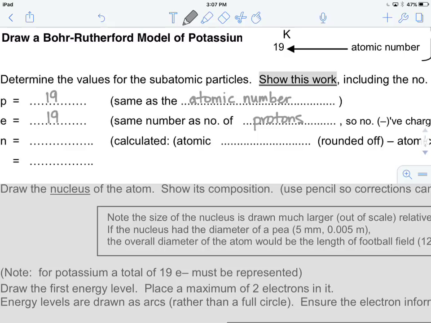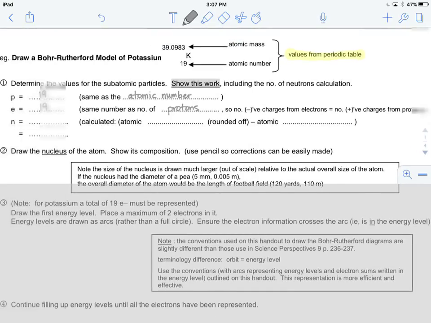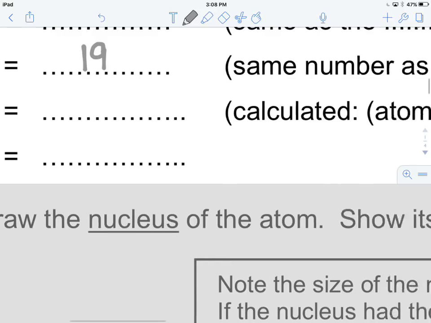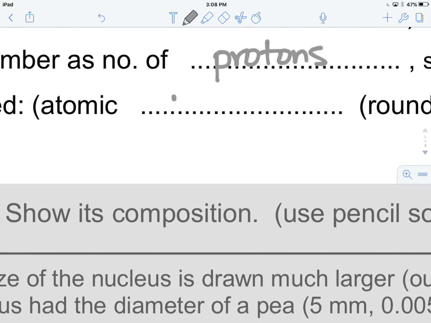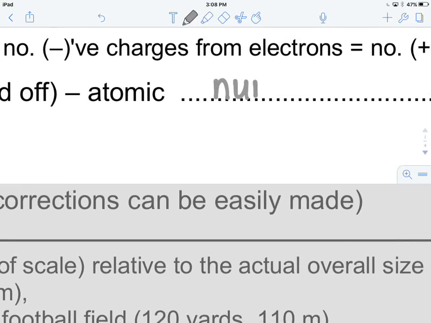There's no negative charge, there's no positive charge. Same as the number of protons because it's a neutral atom. The number of neutrons is going to be the atomic mass, which was 39.10, so it's the atomic mass rounded off minus the atomic number.